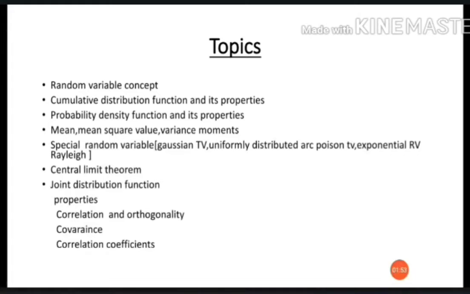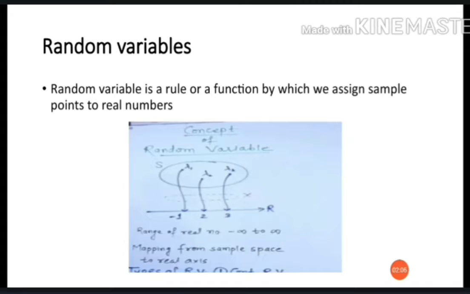Then the central limit theorem, joint distribution function, properties like correlation and orthogonality, covariance, and correlation coefficients. So let's take a walk through the random variable area.